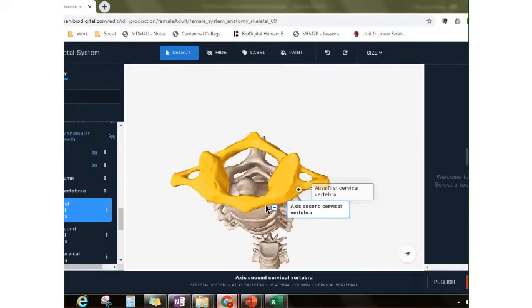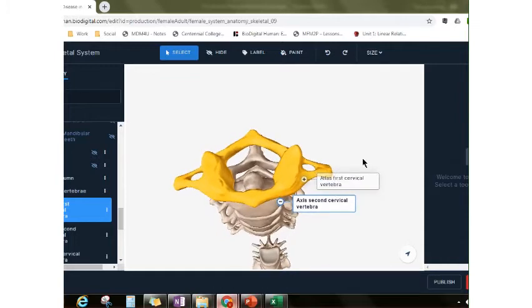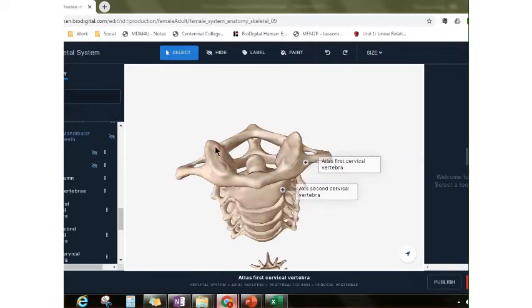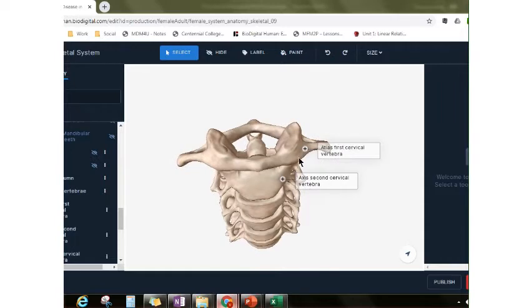Now what's interesting is if you look at the top of your atlas, you can see 2 round kind of indentations here, and that is actually where the occipital condyle from the occipital bone will articulate with, right? And that forms a joint that allows you to nod your head.